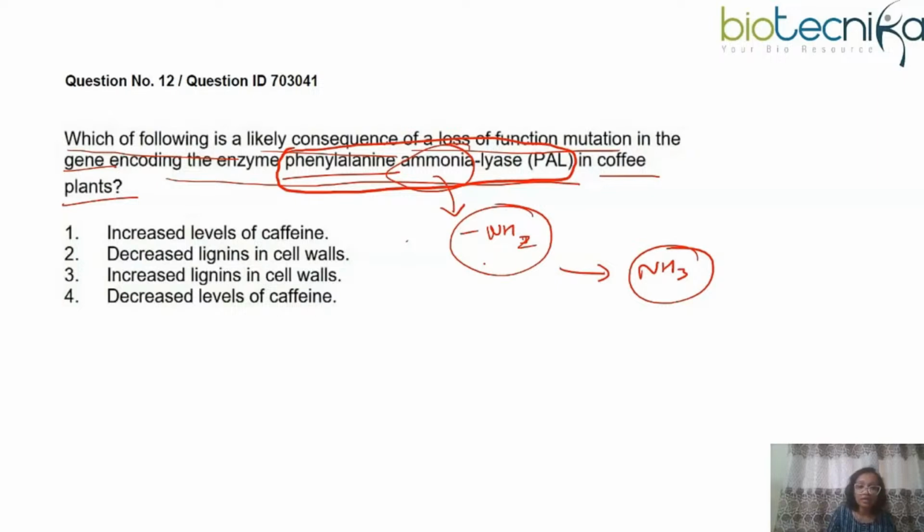So if there is a mutation in the gene which codes for the enzyme phenylalanine ammonia lyase, then in that case there will be a decrease in the lignins in the cell wall.